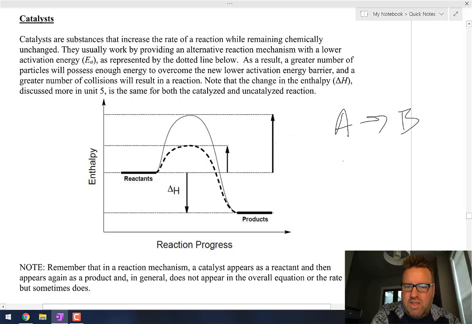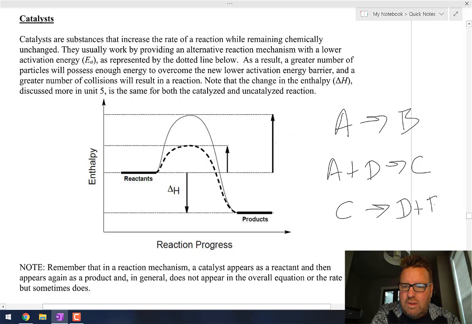Let's say we have another reaction, though, where A reacts with D to make C, and then C will react and turn into D and B. So here's step one, here's step two. In this case, you can see that C is an intermediate, so it's going to cancel out. D, because you start with it and end with it, is also in this case a catalyst. So remember that if you start with something and end with something, that is a catalyst.